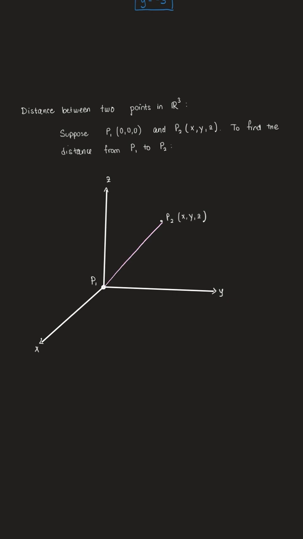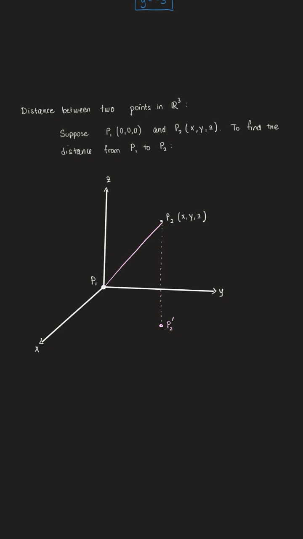To do that, the first thing I'm going to do is project P2 down to the xy plane. So I'm going to draw a perpendicular from P sub 2 down to the xy plane, and I'm going to call this point P2 prime, the projection of P2 down onto the xy plane.